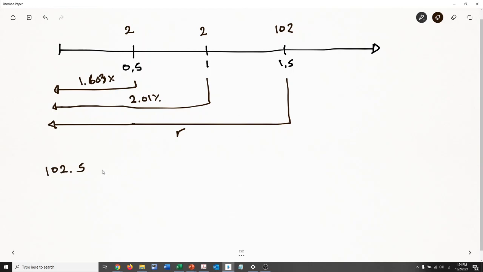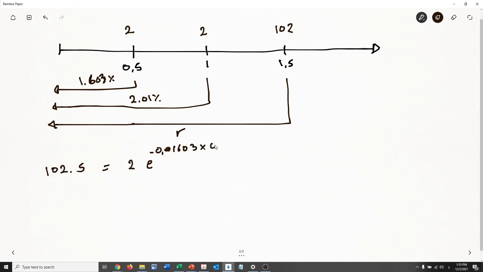Okay, will this help me find the 1.5 years zero rate? Let's see. 102.5, the price, is equal to 2 times e to the power of minus 0.01603 times a half.